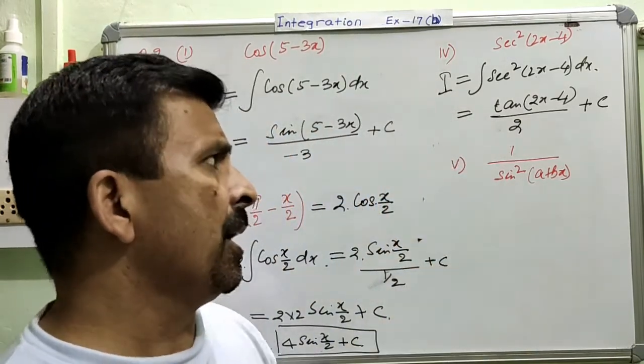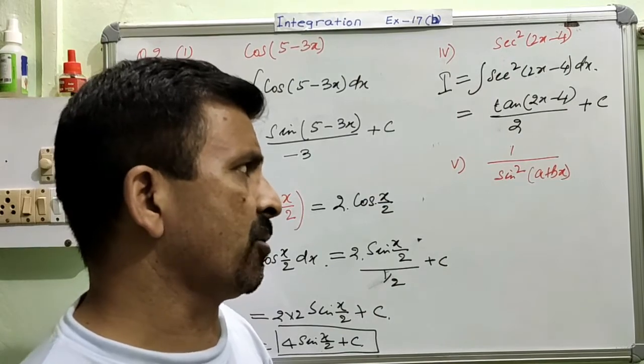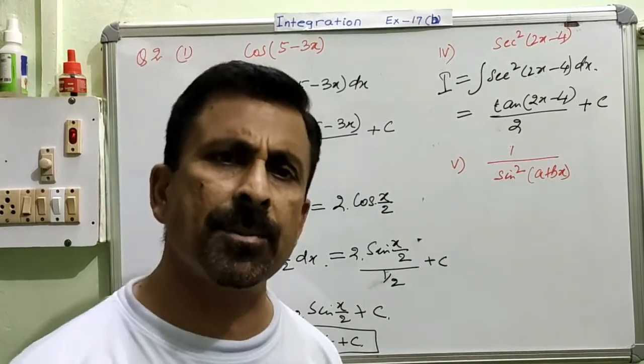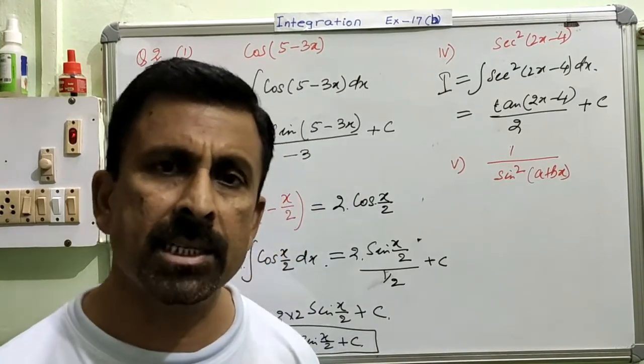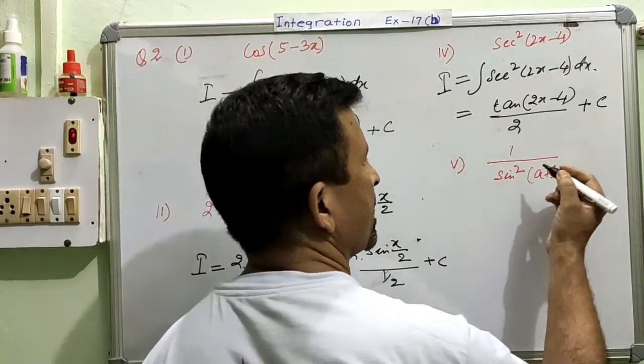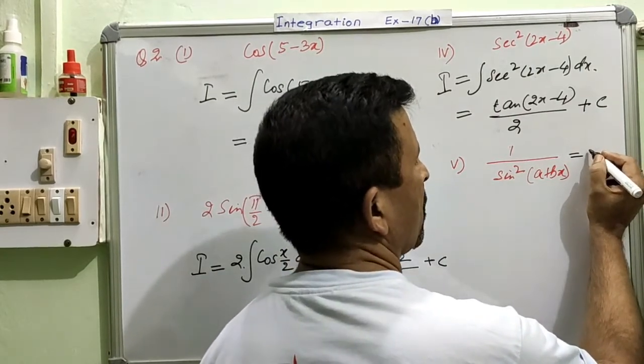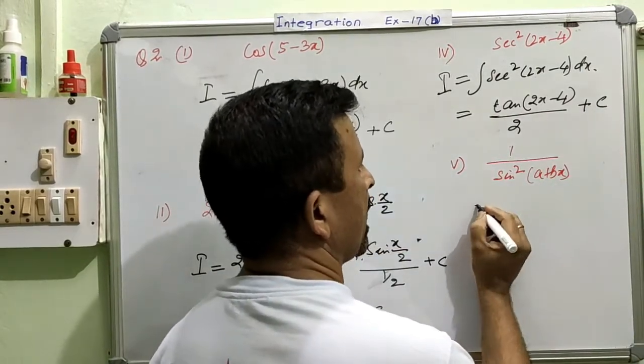So how can we change the quotient? 1 over sine square. 1 over sine is what? It is the reciprocal, cosec. That means first we are modifying the quotient.